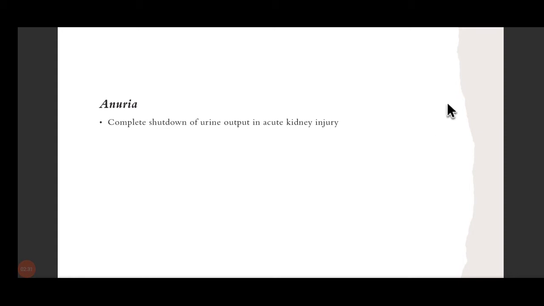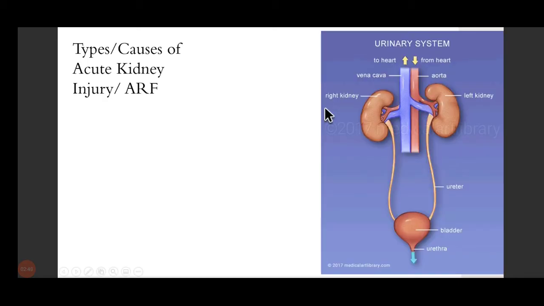Coming to anuria, which is the topic of discussion for today, it refers to complete shutdown of urine output during the acute kidney injury. So we'll discuss the types or causes of acute kidney injury or acute renal failure on this diagram.